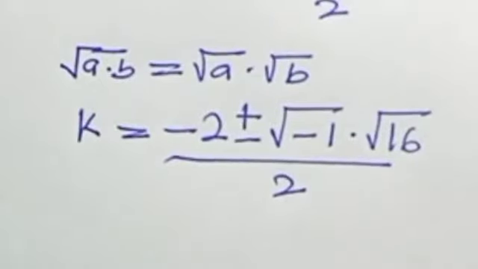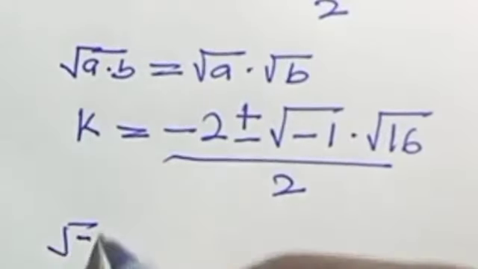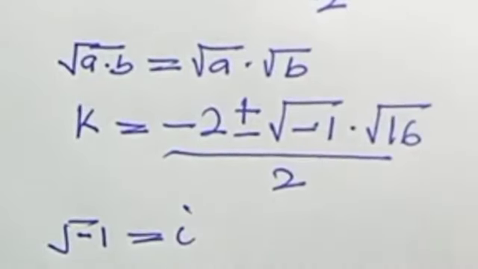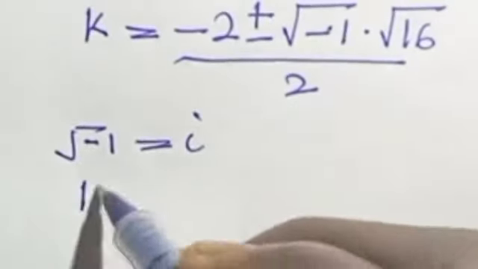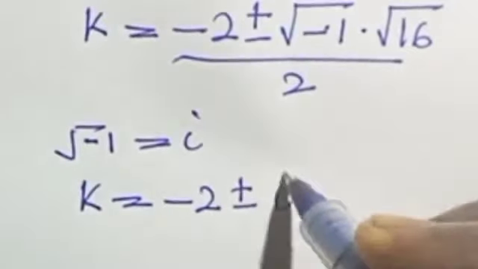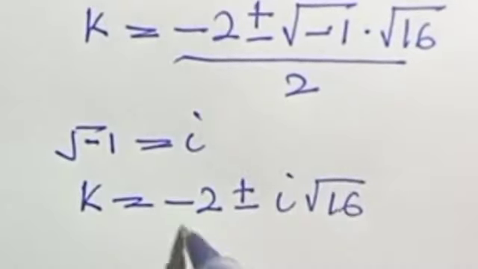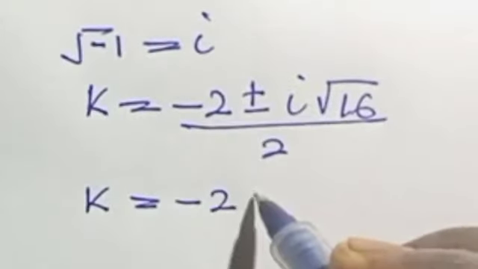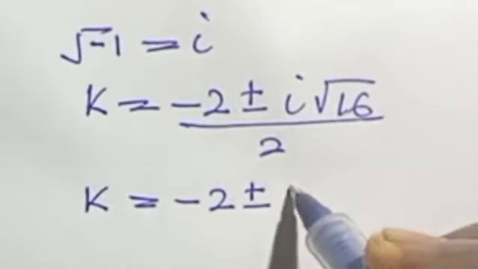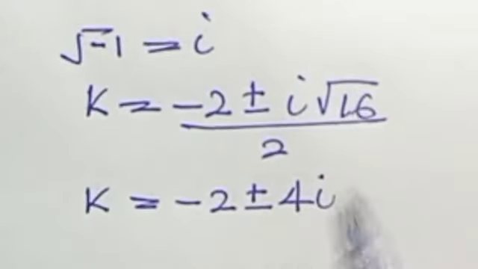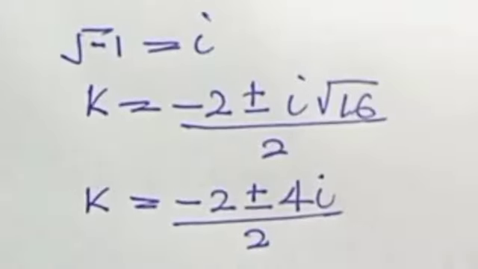And here we have square root of minus 1 to be i. In place of minus 1 we put i. Therefore our k will be equal to minus 2 plus or minus i square root of 16 all over 2. And the next line will be k equals minus 2 plus or minus 4i, since square root of 16 is 4, all over 2.